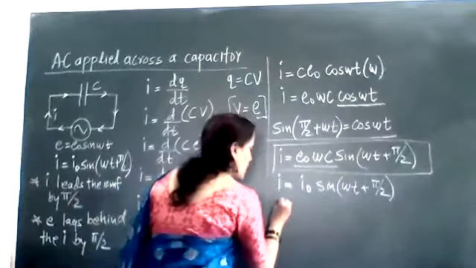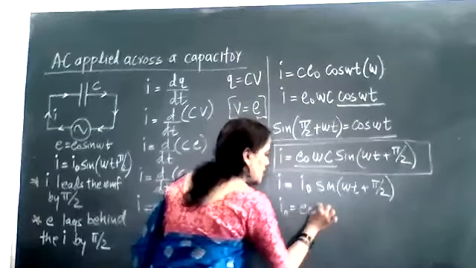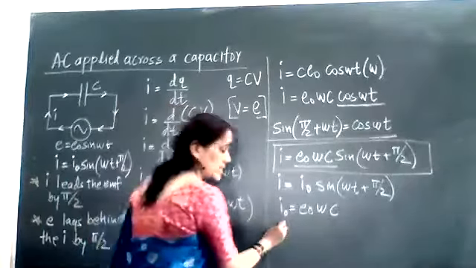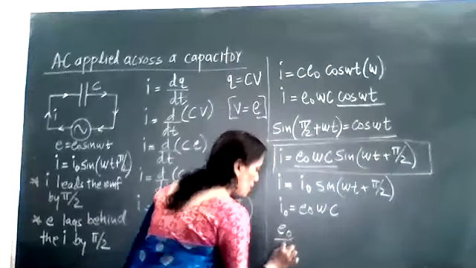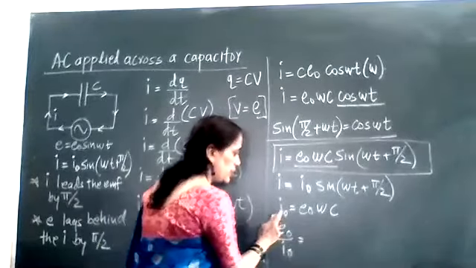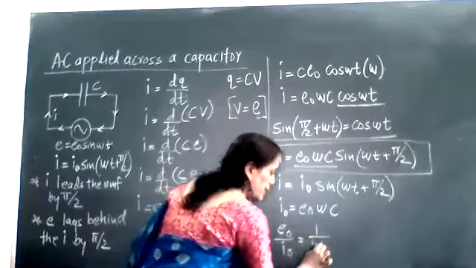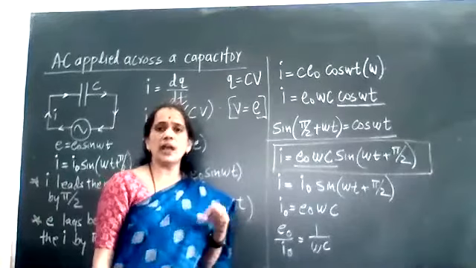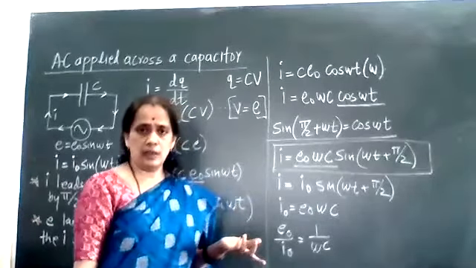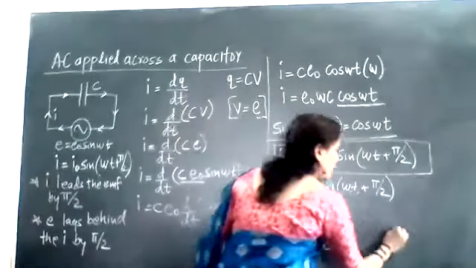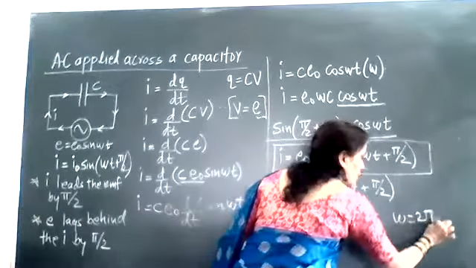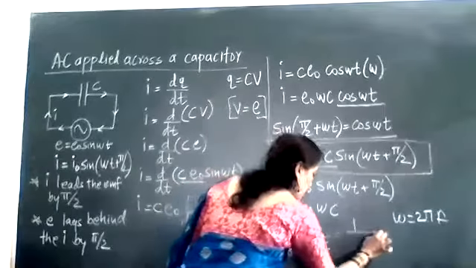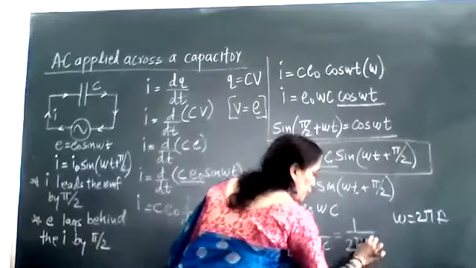I have kept the value of I0, which is nothing but E0 omega C. So I will write the same equation here: E0 upon I0 can be written as 1 upon omega C. And omega is nothing but the angular frequency, and the value of omega is 2 pi f.